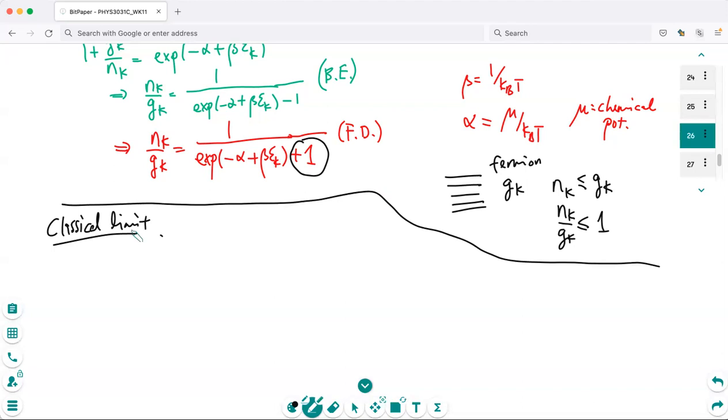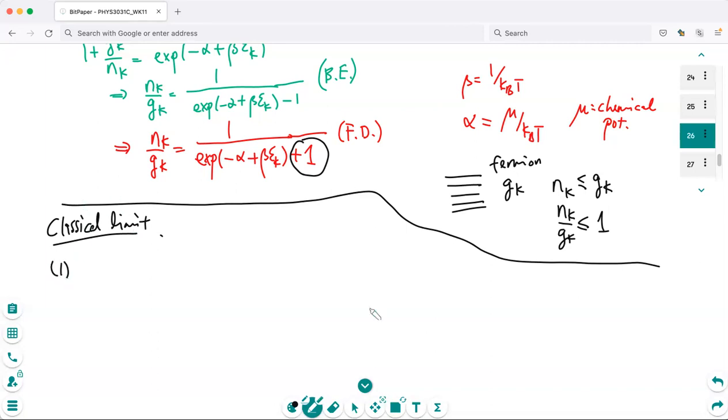It's just there's no need to talk about them. So now, in the classical limit, if I take boson or I take electron, as long as they are in the dilute limit, they will give me the same distribution, right? So I hope you get this point.